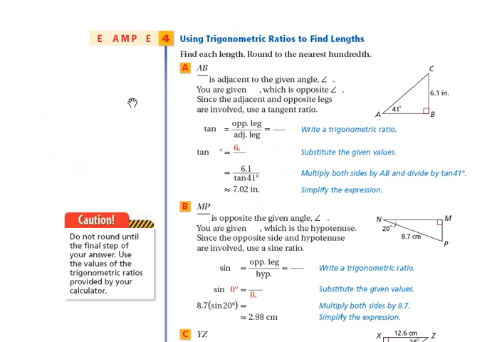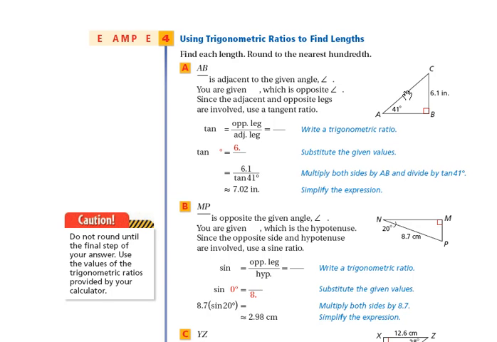This leads us to some good application problems involving right triangles, and we can solve some of these right triangles, which means we want to find the sides. If we're given angle A is 41 degrees, and side A, which is the opposite, is 6.1, we can do the math and find the length we're trying to find.